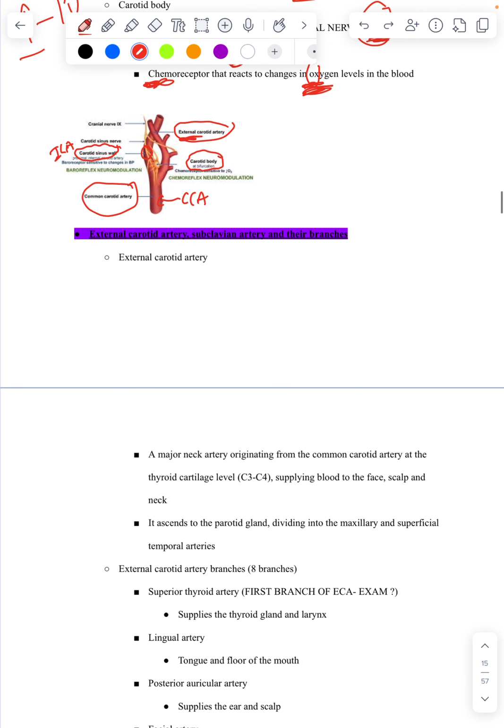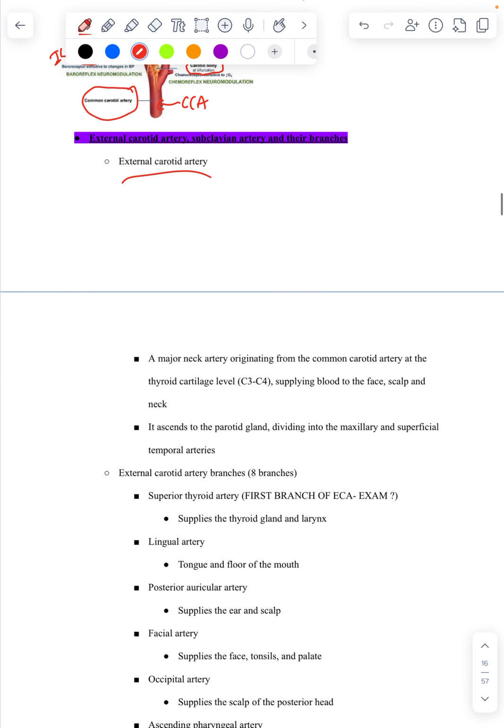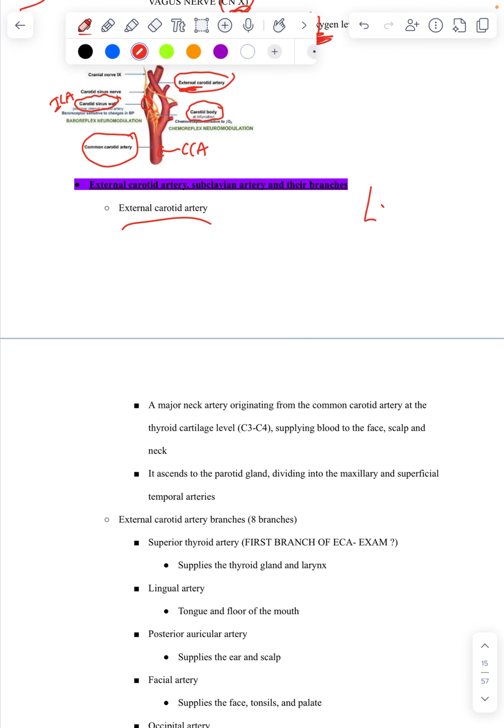So now, external carotid artery and the branches. So for lab, I'm going to specify this is for lab. Lab, we only have to know 3 branches. And the location of the branches will make sense, which one's higher, which one's lower. So the 3 branches in lab, so after your common carotid artery, you have external goes like this, but then goes like this.